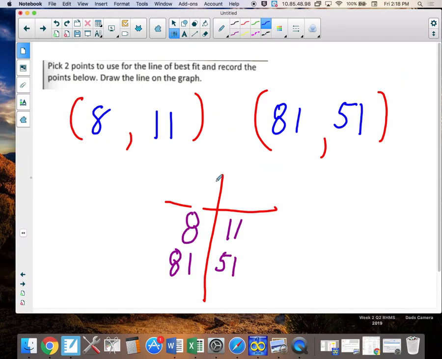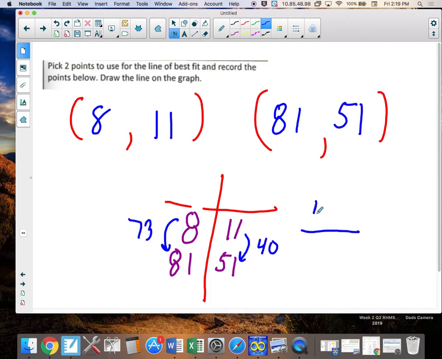which means we have to come to our table. From 11 to 51, that's a change of 40. From 8 to 81, that's a change of 73.